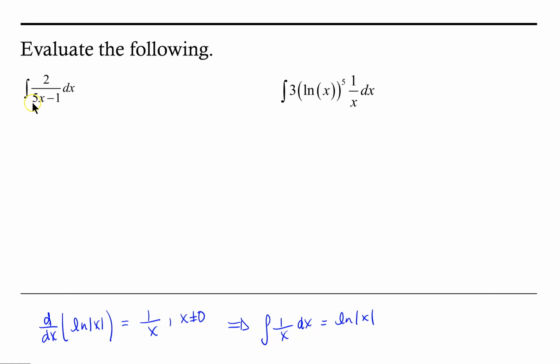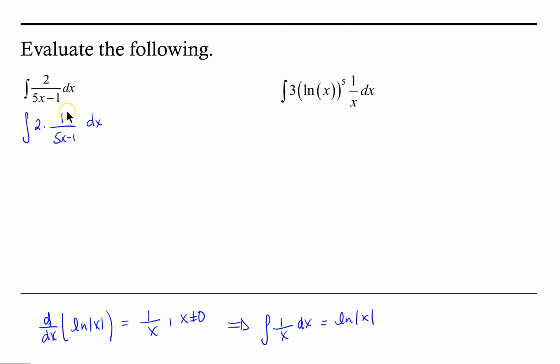Our first example is the indefinite integral of 2 divided by 5x minus 1. The first thing I want to do here is think of this as 2 times 1 over 5x minus 1 dx, so that I can focus more closely on the basic form that we have here.